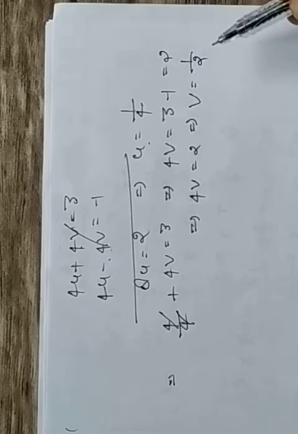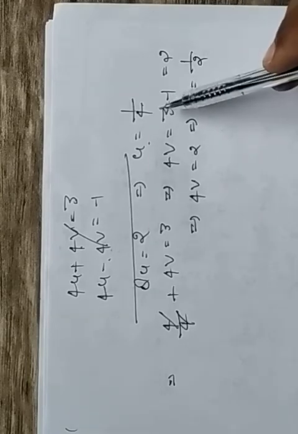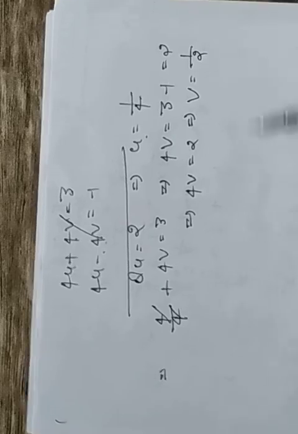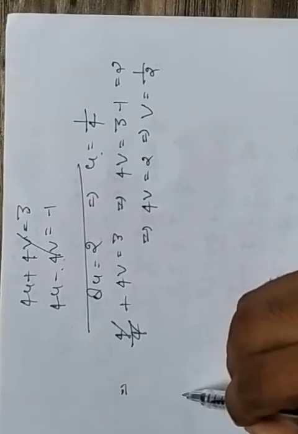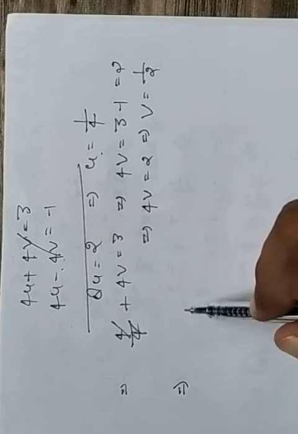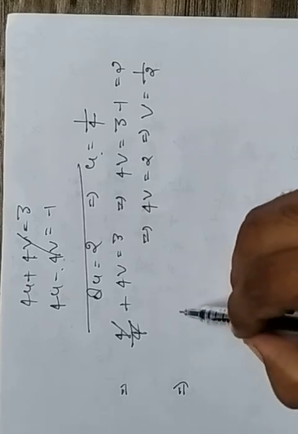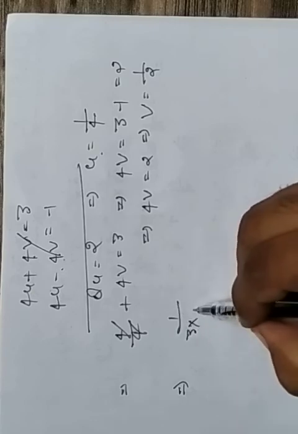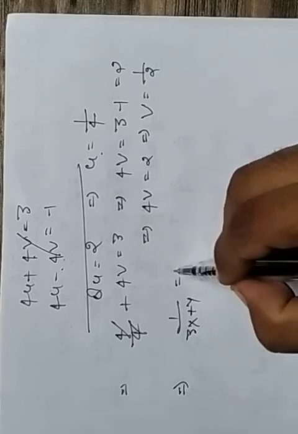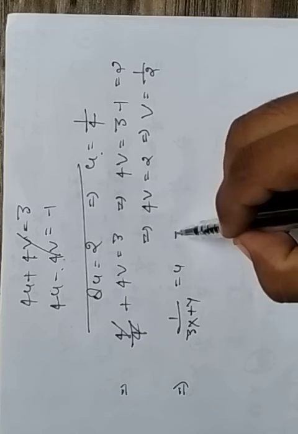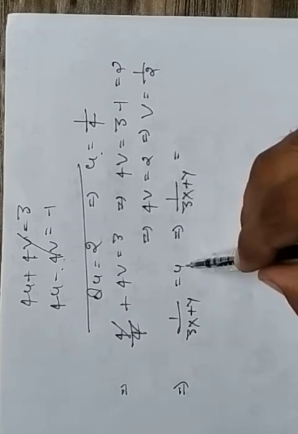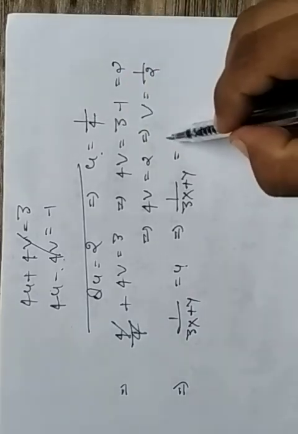So students, we are getting the value of u and v. Value of u is coming 1 by 4 and v is coming 1 by 2. Now compare with your value of x and y. We considered that 1 upon 3x plus y is equal to u, implies what? 1 upon 3x plus y is equal to, in place of u write 1 by 4.